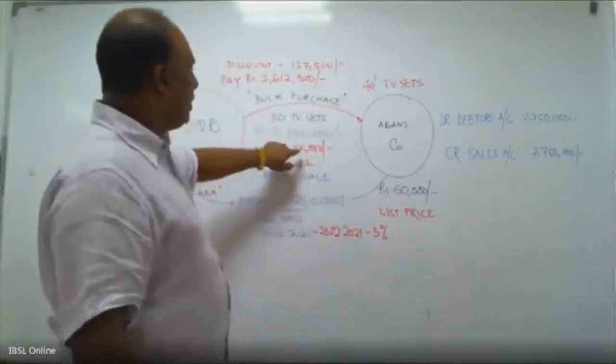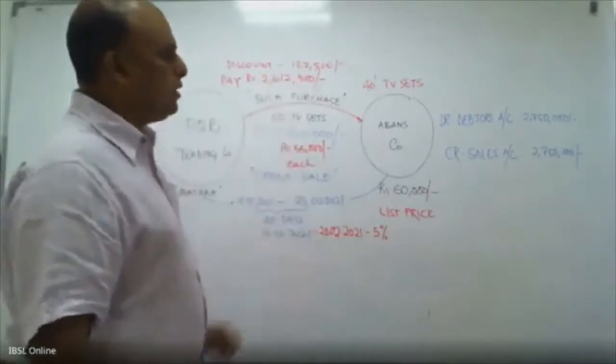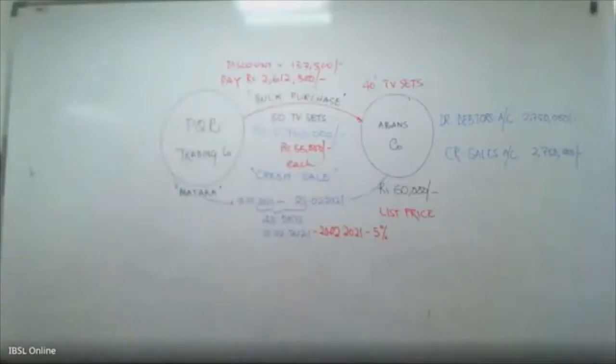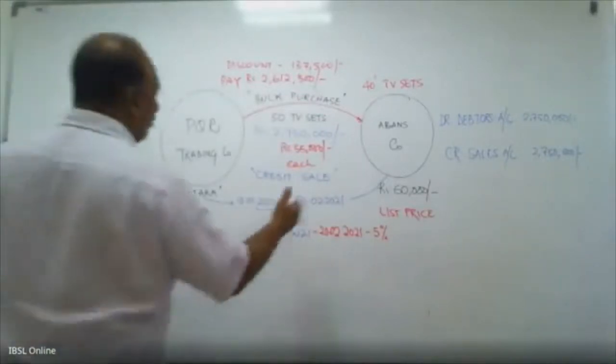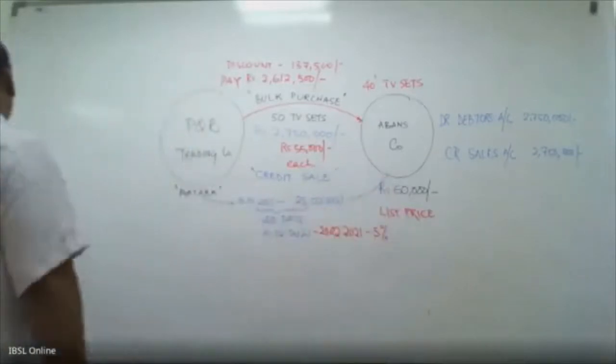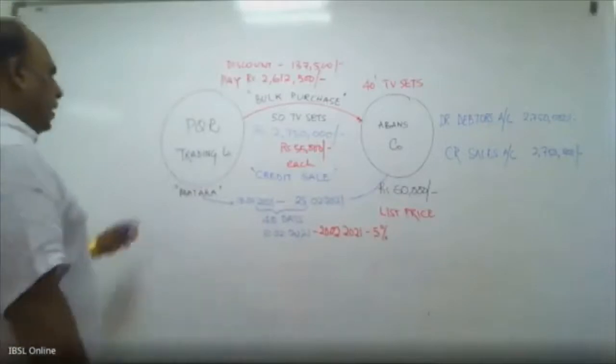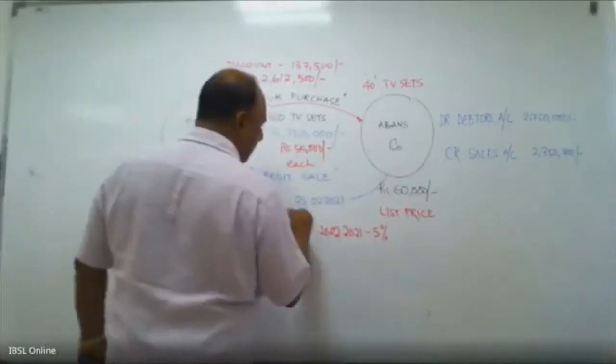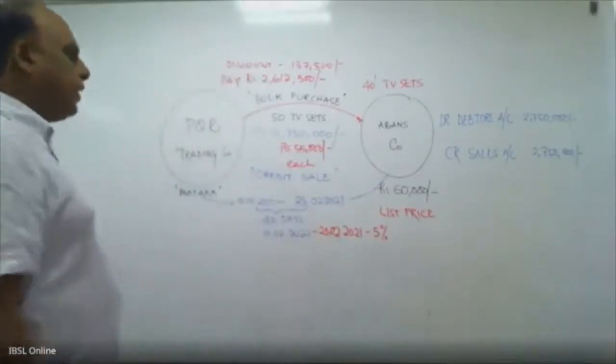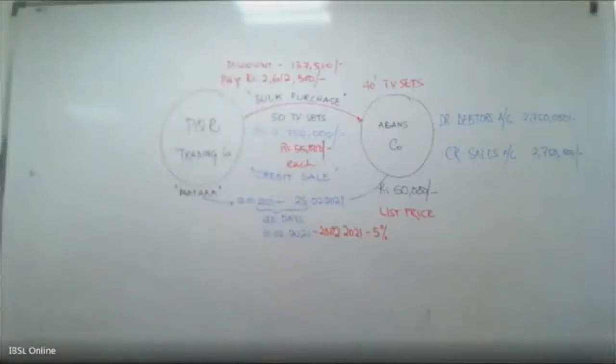You are selling 50 TV sets, so if you divide it by this amount, you have given a further discount of 2,750, because you have already got 5,000 discount each. Now you are getting another 2,750, provided PQR Trading Company settles it prior to 20th February.